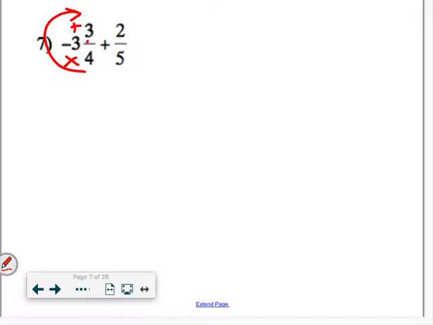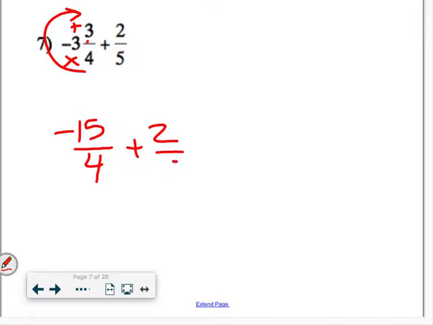So 4 times 3 is 12, plus 3 is 15 over 4. Now you'll notice I kind of ignored that negative when I was multiplying. I didn't do 4 times negative 3 is negative 12, and then add the 3 would be negative 9. No. So when going around and transferring, changing the notation, you ignore the negative until you've got it improper, and then you put it back.